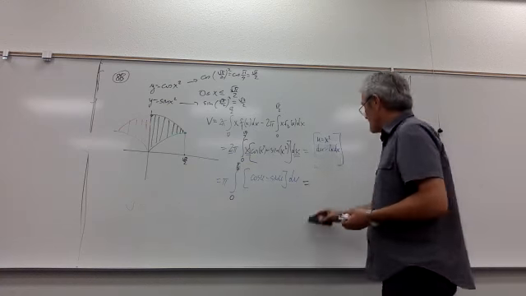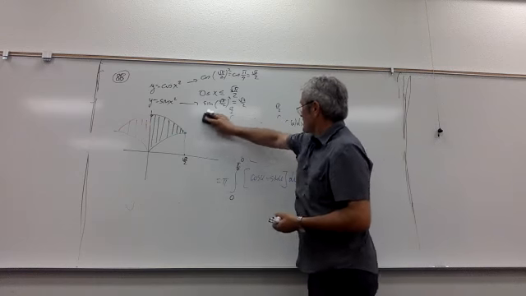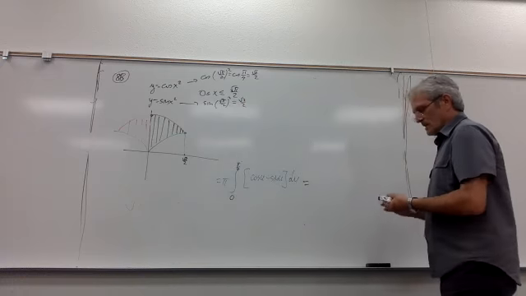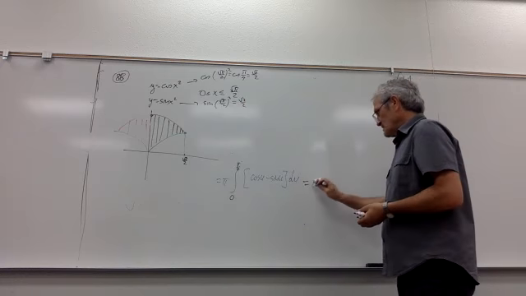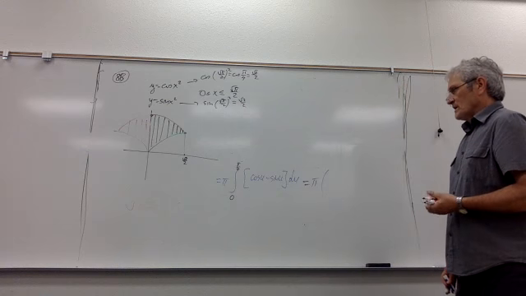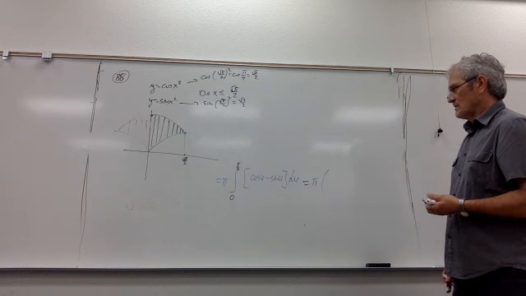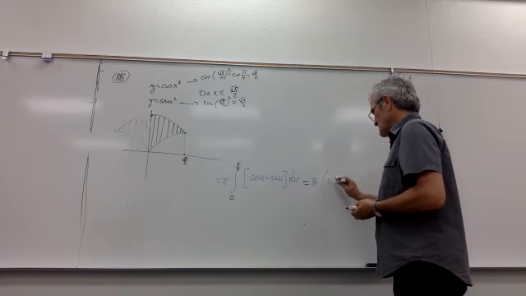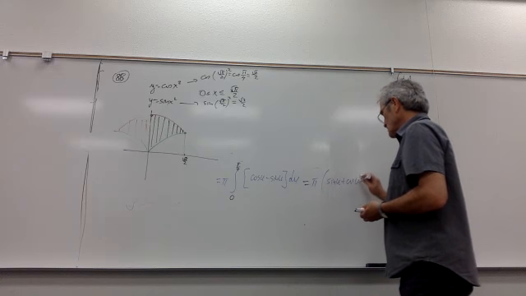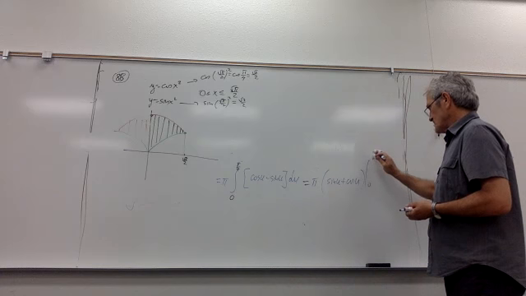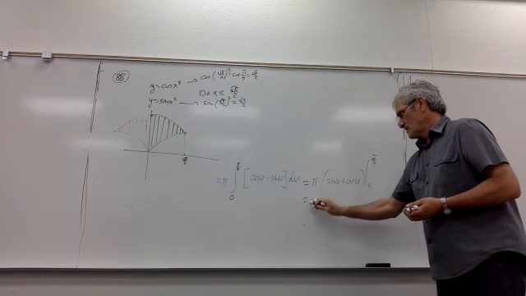We said, don't think of x anymore. I can erase all this and just finish my integral. So what would that be? Pi times the integral of cosine u is sine u, plus cosine u, because the integral of negative sine u is cosine u, between 0 and pi over 4.